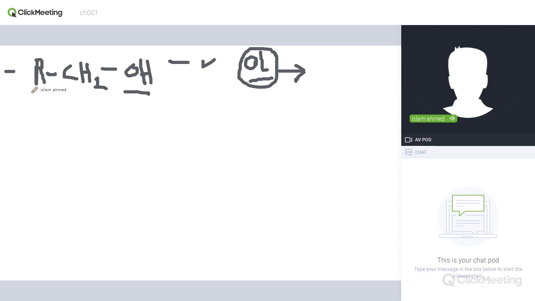We have two parts in it. The first one, the OH part, adds polarity to the molecule due to the presence of oxygen and hydrogen.